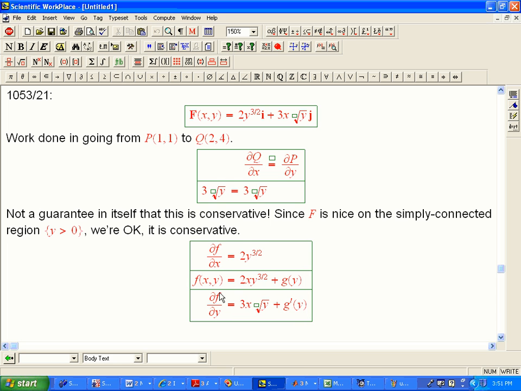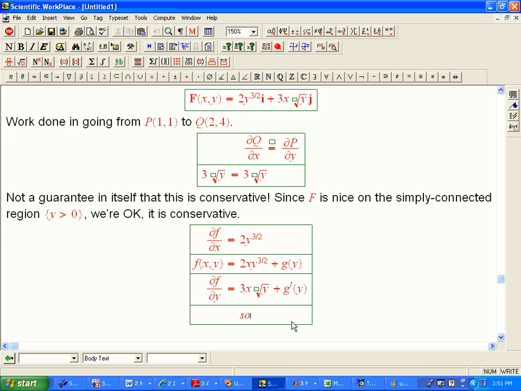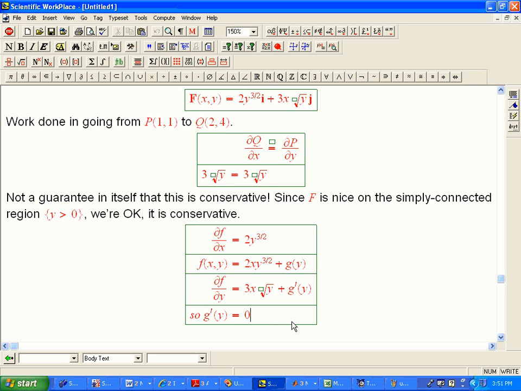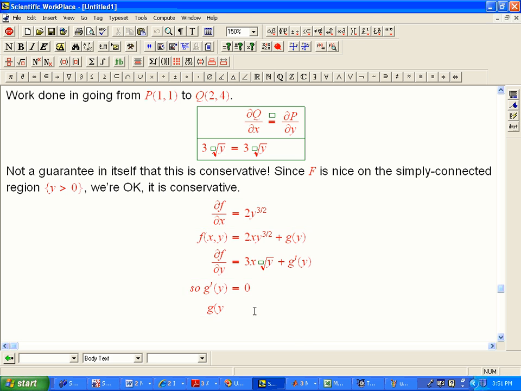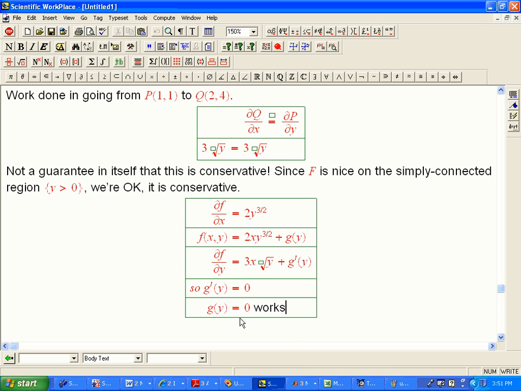And that's supposed to be 3x root y on the nose, which means g prime of y has to be 0, so g of y can be a constant, and we don't need it to be any constant other than 0. So this works. It's not the only potential we could use, but it works. If I added a constant, it wouldn't matter, because I'm about to evaluate the potential at these two points and subtract, just like with the regular version of FTC for a definite integral.